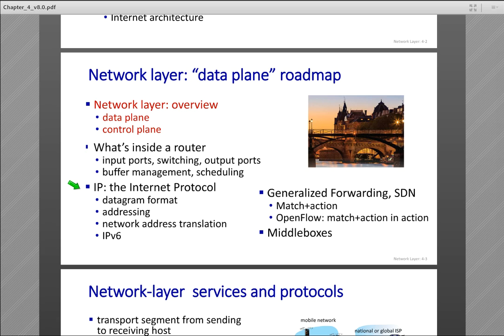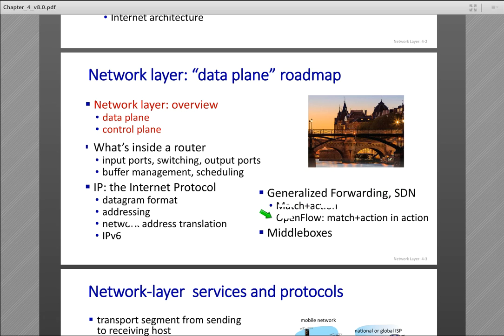Also, we'll talk about the IP protocol, or Internet Protocol, its formats and addressing, IPv6, and how we can translate network access. And our special guest, SDN and OpenFlow.